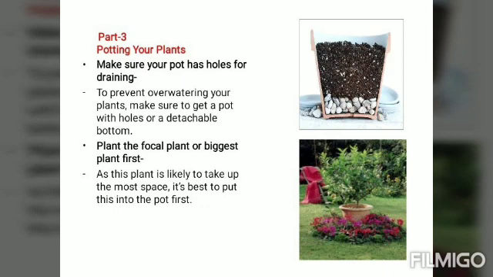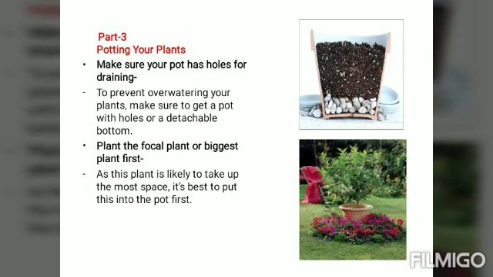Now point 2 is you have to plan the focal plant or biggest plant first. I think we have discussed this in the previous videos also, the focal point. As this plant is likely to take up the most space, it needs more space, and it's best to put this into the pot first.